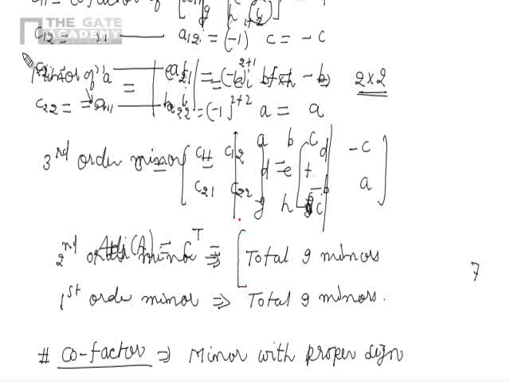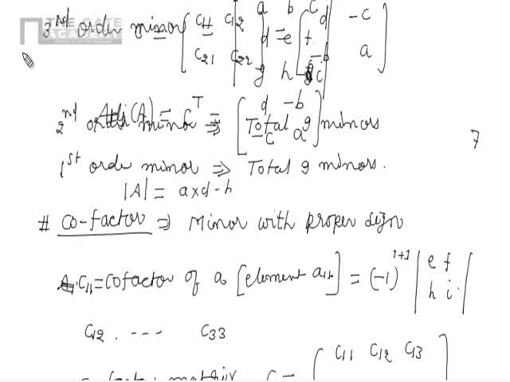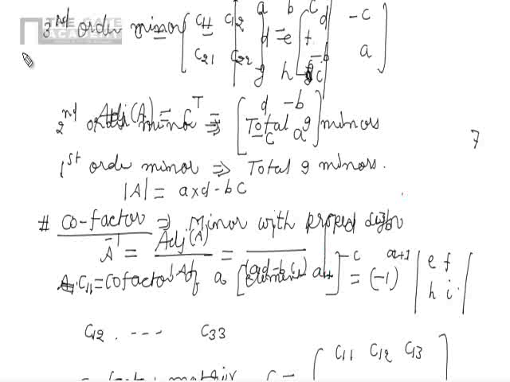If I take the transpose of this matrix, then it can be written as D, minus C, minus B, A. And the determinant of this original matrix A is A into D minus B into C. So the A inverse is nothing but adjoint of A divided by the determinant of A. So it will be nothing but 1 upon AD minus BC, times D, minus B, minus C, A. So this will be the inverse of this matrix.